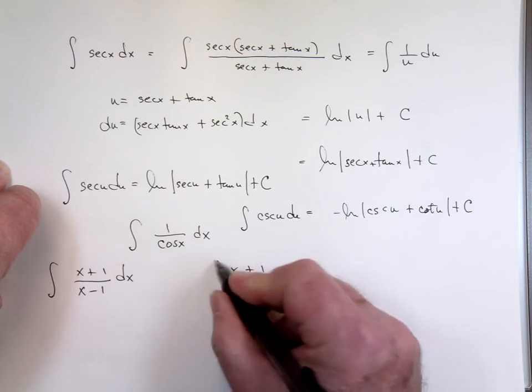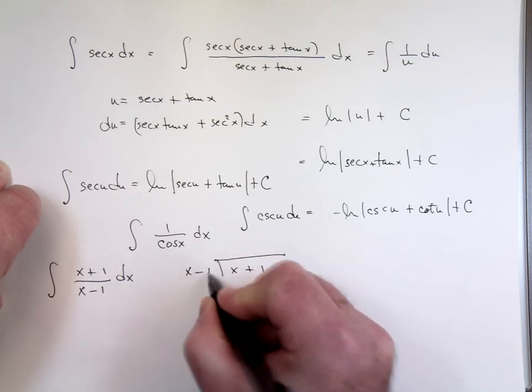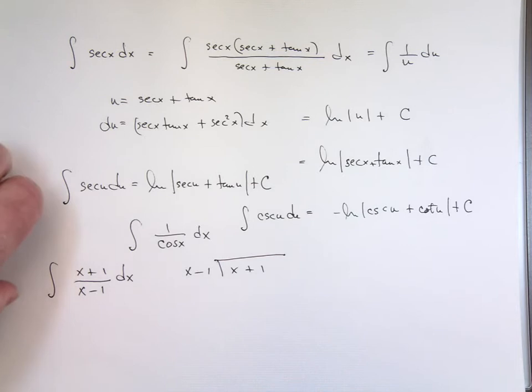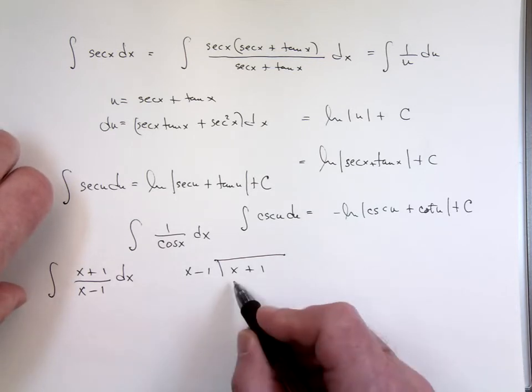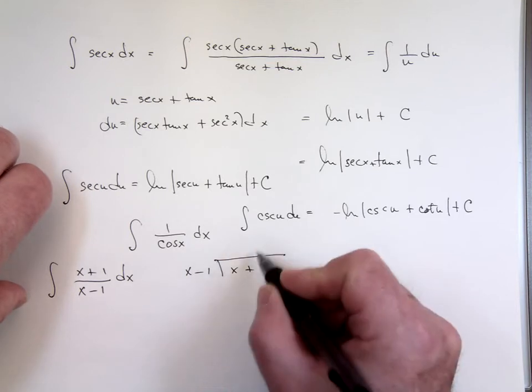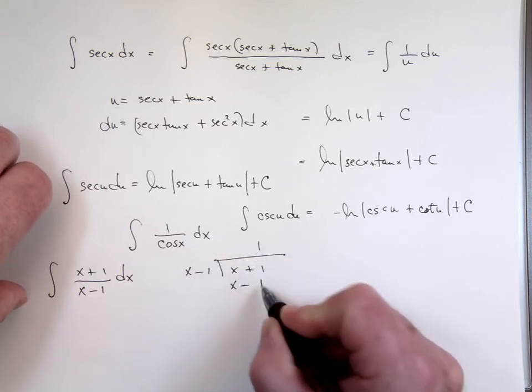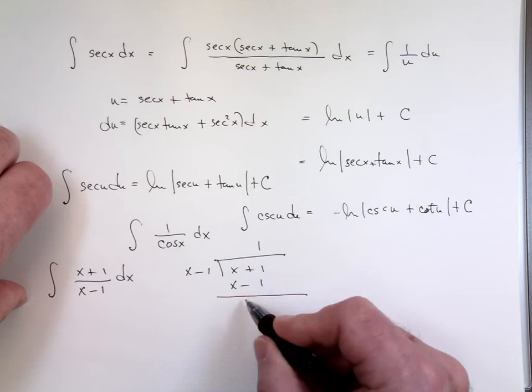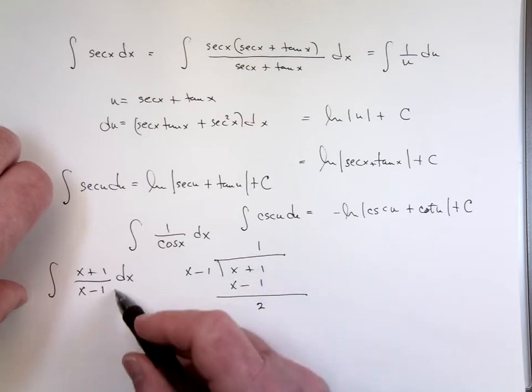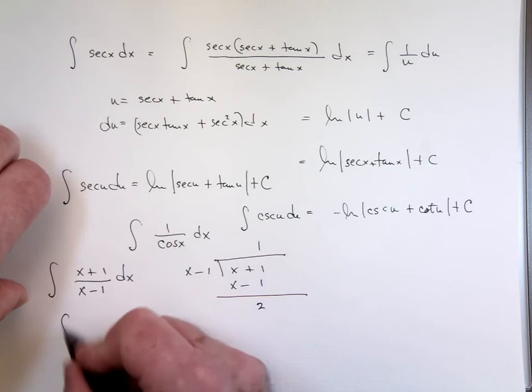Just do a long division. What times x is x? 1. Subtract 1 minus a negative 1, 2. This becomes this integral: 1 plus 2 over x minus 1.